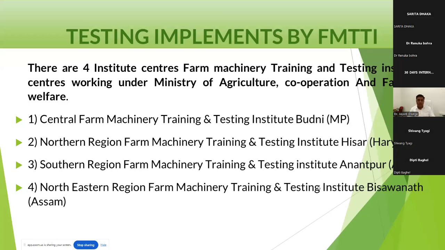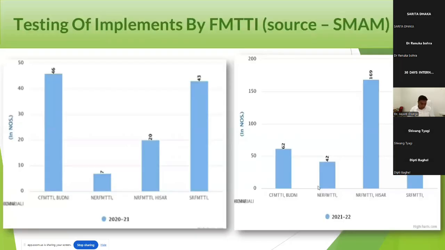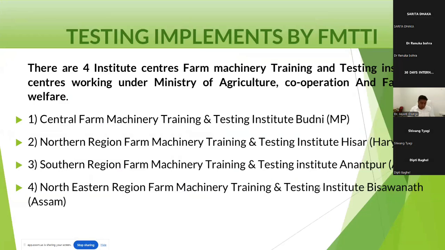So that kind of work, this testing of implements, the farm machinery training and testing institutions are conducting or promoting all over the country. The second point is the custom hiring centers. The custom hiring centers are started by the government to provide farm machinery on rent at subsidized rates, which are available with different government organizations.